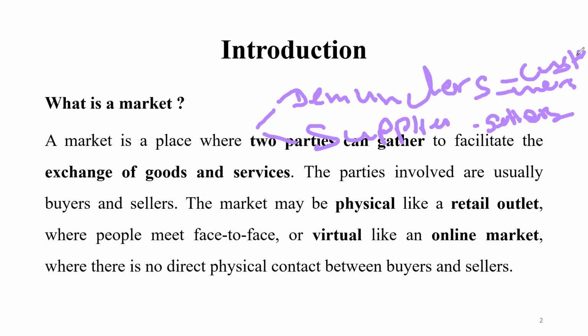The market may be a physical location, like a retail outlet, a wholesale outlet, a fair, or a supermarket. But nowadays, buyers and sellers can transact without meeting face to face.